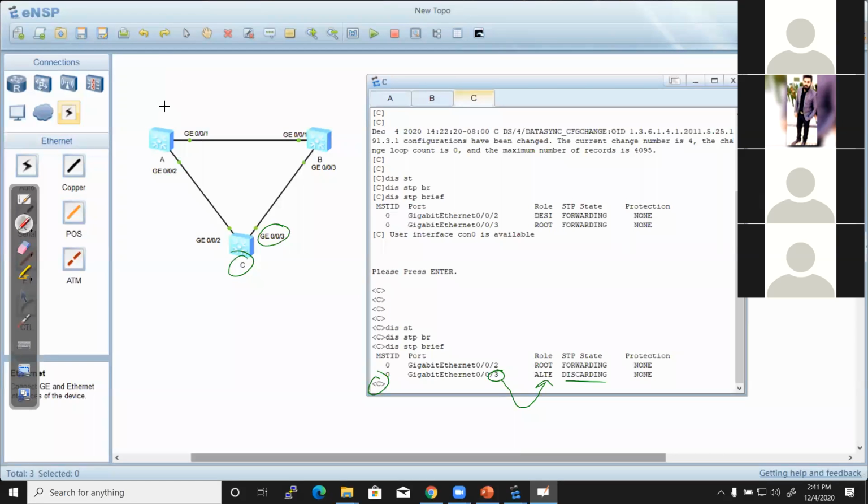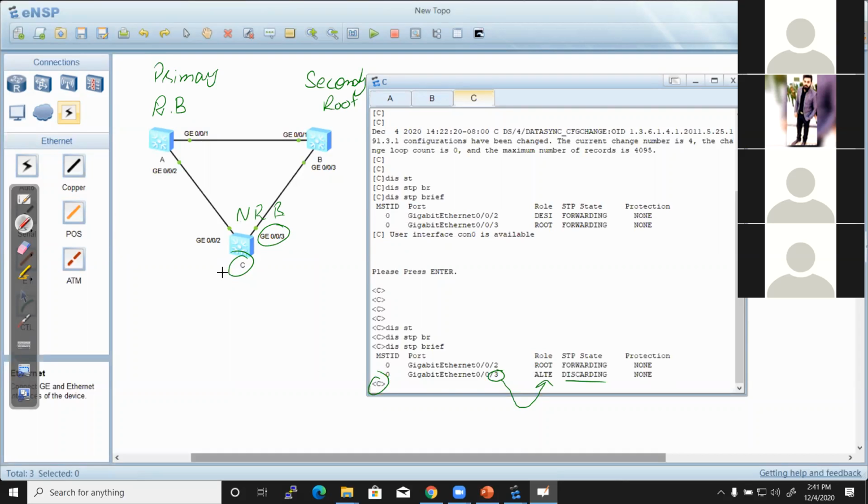So now in our topology, this is our root bridge, or you can say our primary root, this is our secondary root bridge, and this is our non-root bridge.